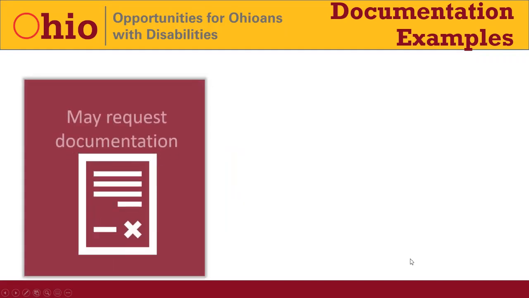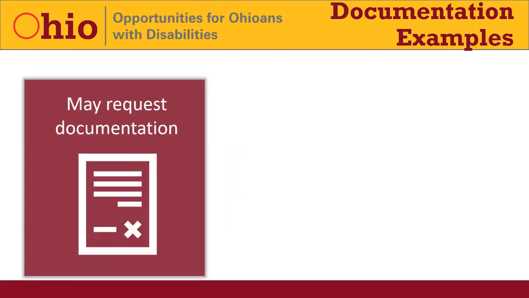In the first example, an employee with a learning disability attends frequent meetings, and one of his essential functions includes taking notes. Due to his disability, he has substantial difficulty writing. So the employee tells his supervisor about his disability and requests a laptop computer to use for taking notes during meetings.